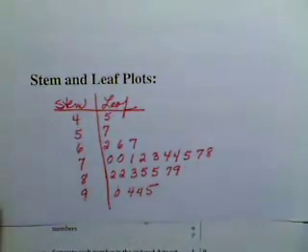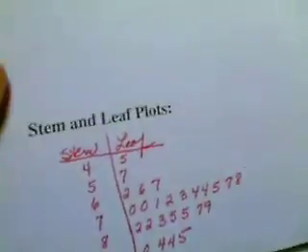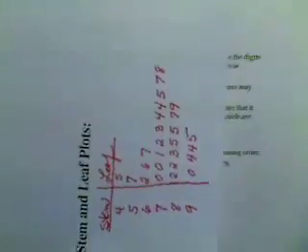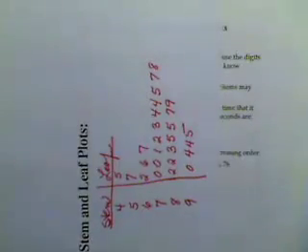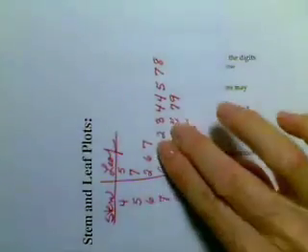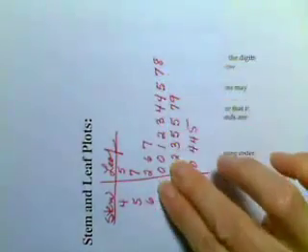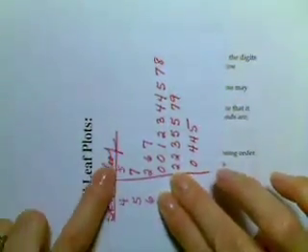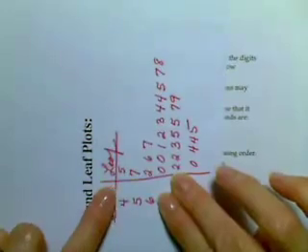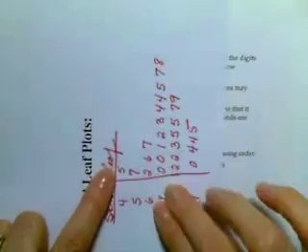Now, again, if I turn this way, we can get kind of a picture like we did for the dot plot. We definitely can tell that most of the data falls in the 70s and 80s. 45 would be unusually low compared to the rest of the data.